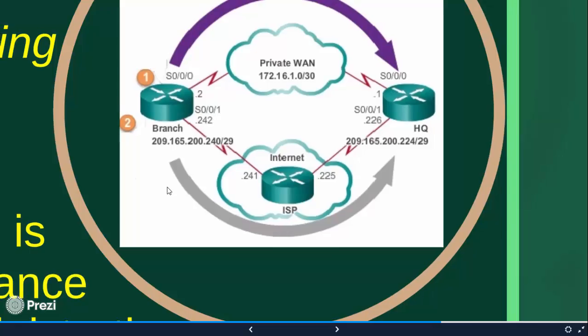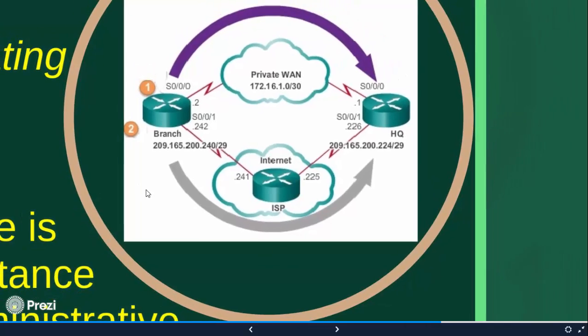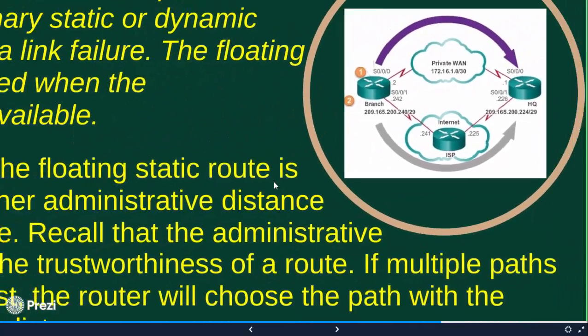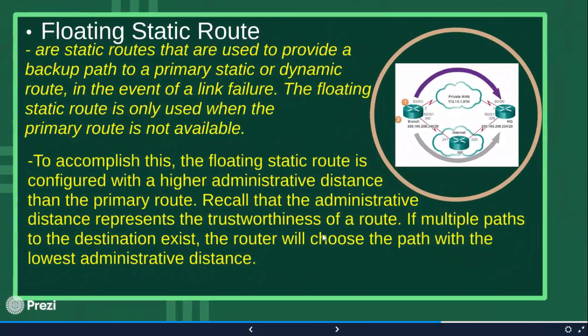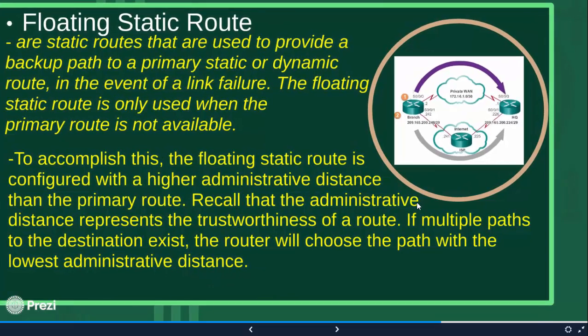Whichever has the lesser administrative distance, as stated here, the router will choose the path with the lowest administrative distance, the shortest path.